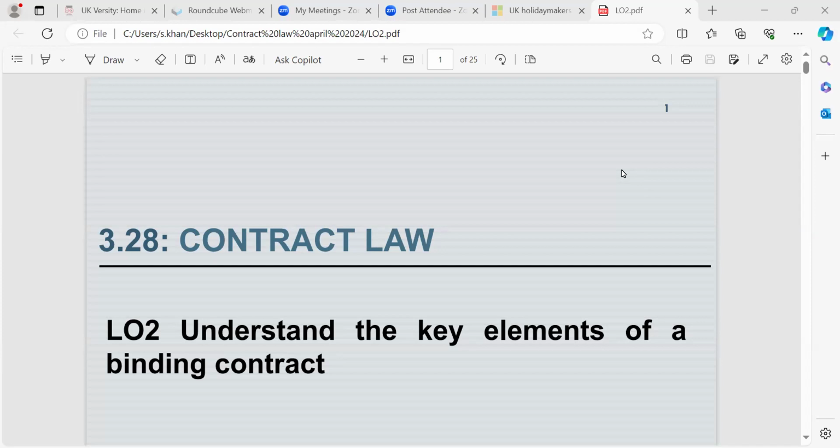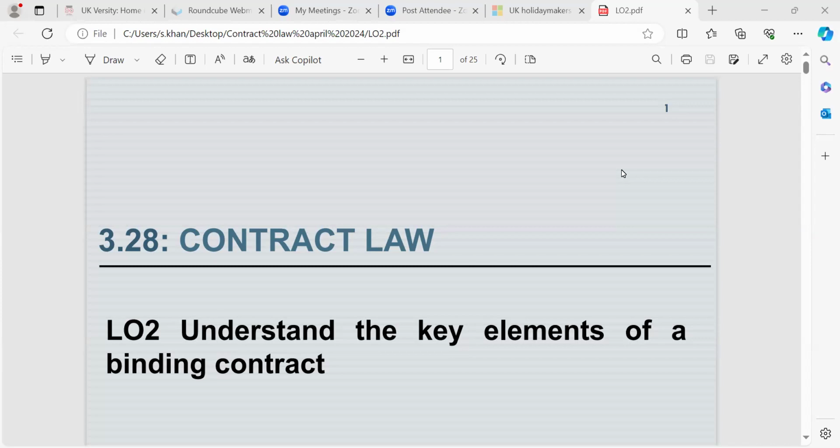We looked at unenforceable contracts as well, where a contract has not properly fulfilled its legal formalities and suffers from technical defects and insufficient stamps. This is all in learning outcome 1; we looked at illegal and voidable contracts.